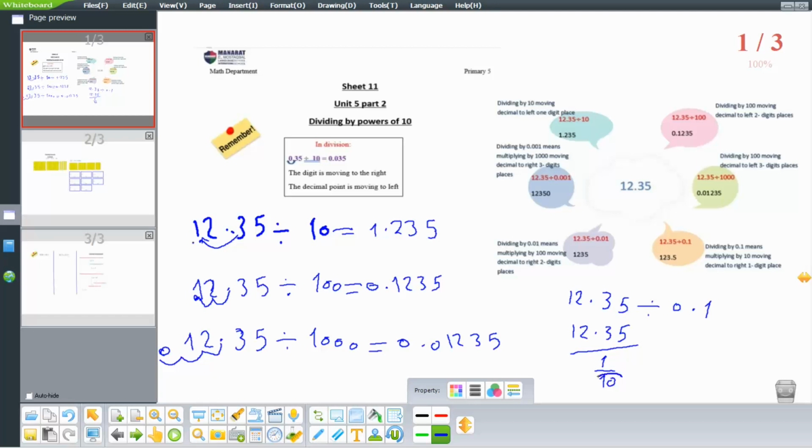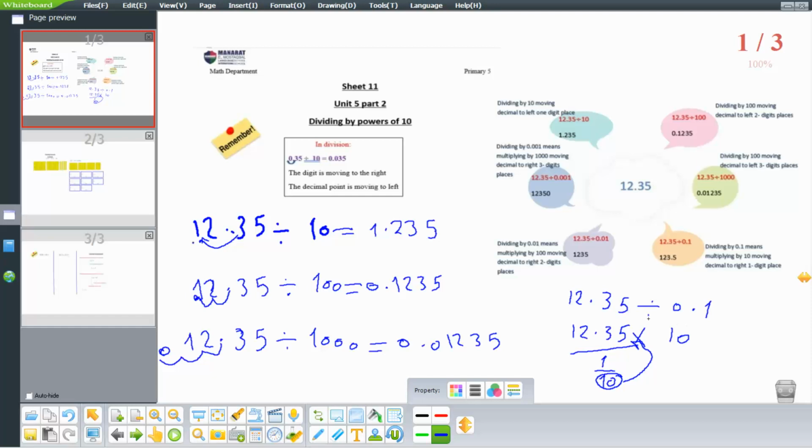We can't use two denominators in the exercise, so we are going to turn it into multiplication. It's like 12.35 times 10.